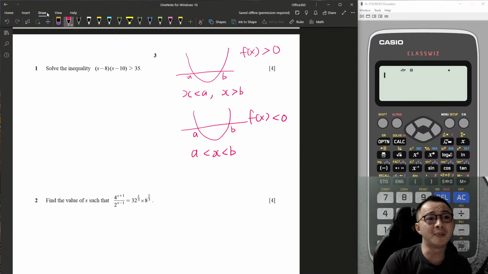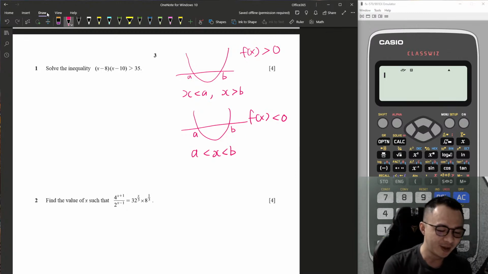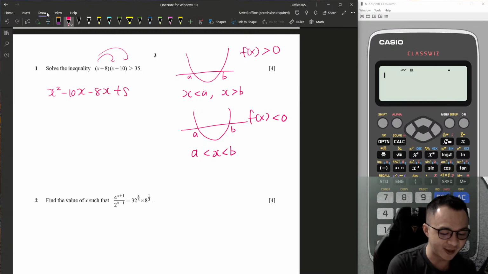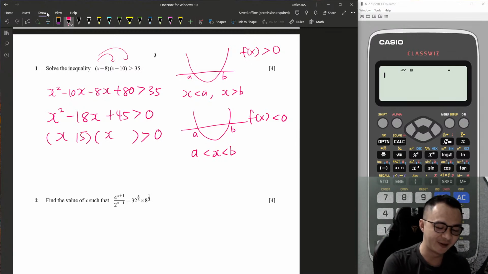You must know this basic, or else there's no way you can solve this question. Let's expand it first. I have x squared minus 10x minus 8x plus 80 bigger than 35. Simplify it, so I get x squared minus 18x plus 45 bigger than 0, and then try to factorize it. 15 and 3, isn't it?